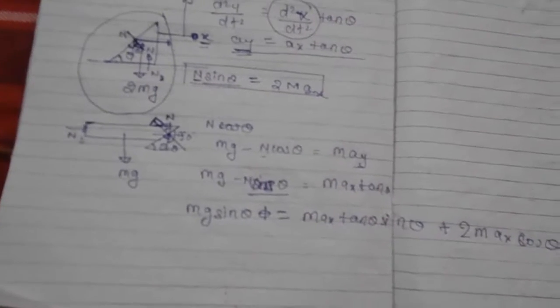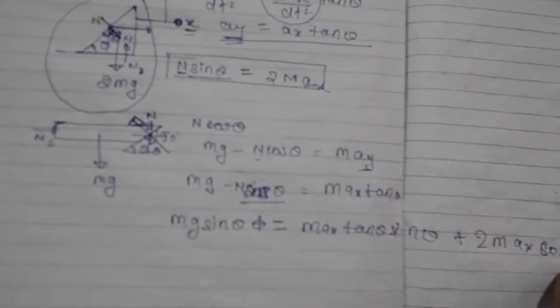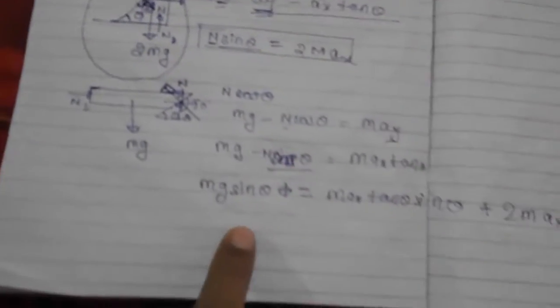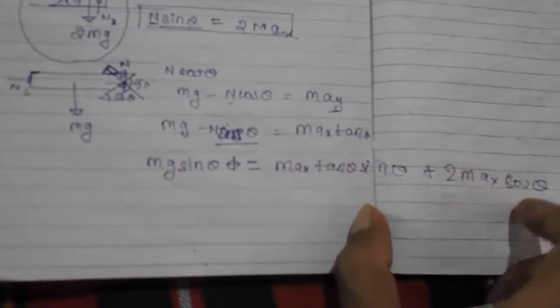Okay guys, 2m ax cos theta. This will be equal to, so you should do it how I had. This is your job to understand. You should do it by yourself.